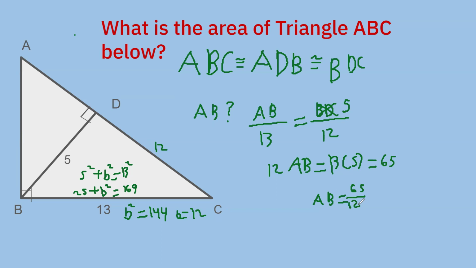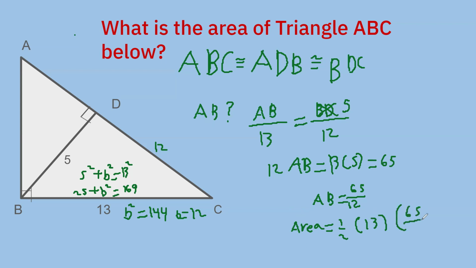And now we have 65 over 12 times 13 divided by 2 for the area. So let's do that here, right? Area equals 1/2 base, which we'll call 13, times 65 over 12.